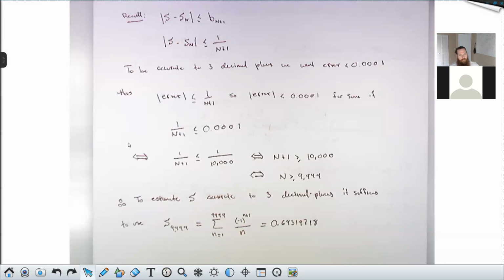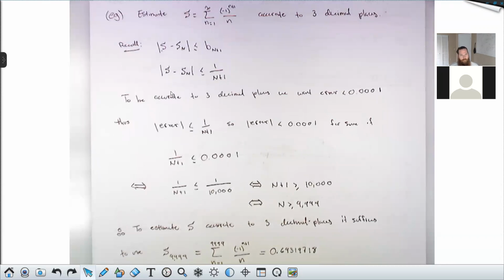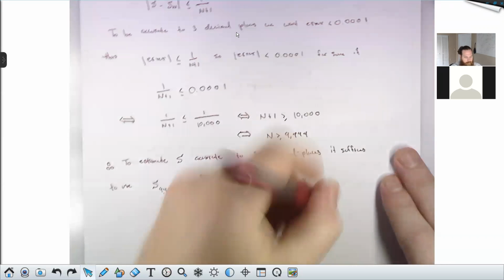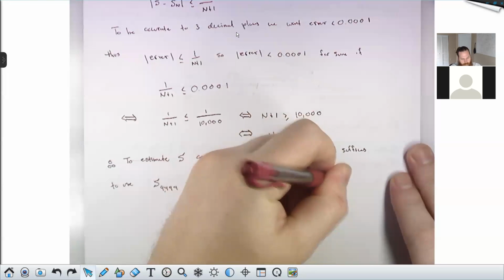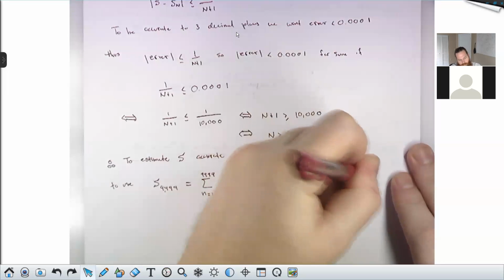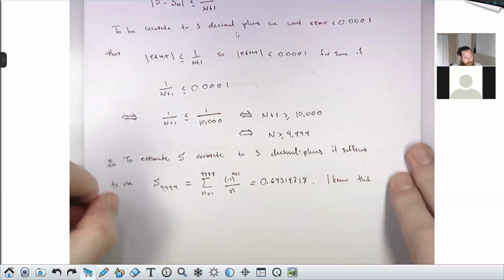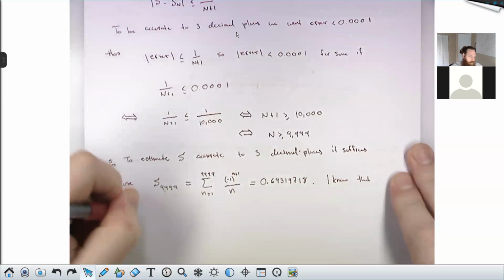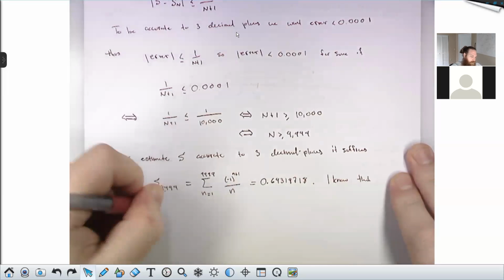The actual value of the full series is the natural log of 2. So I know that S is ln 2.